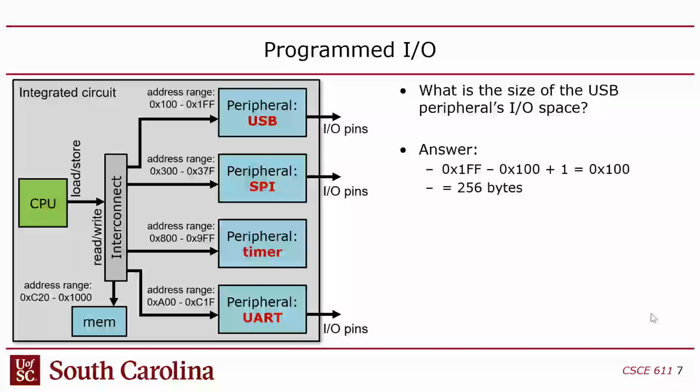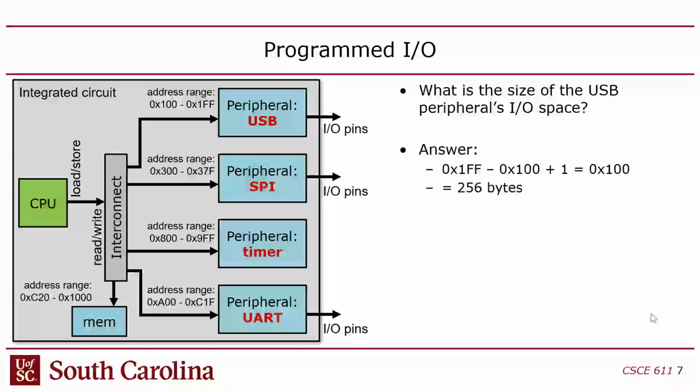So for example, I may have an SPI peripheral. SPI is a protocol, like a bridge, a way to get out of the chip. It's a language that I can use to speak to other chips. And that SPI will have registers that the CPU can talk to in order to initiate SPI transactions, right?